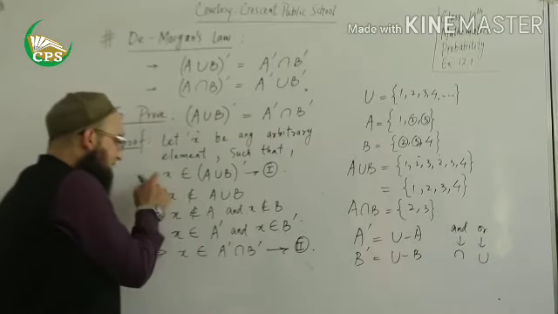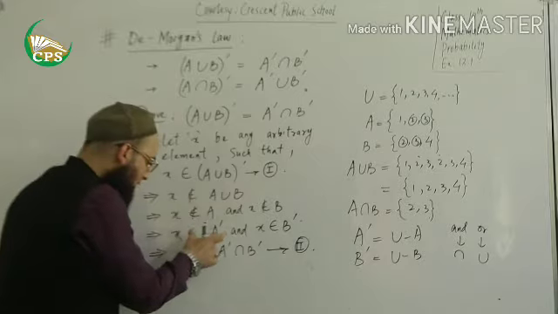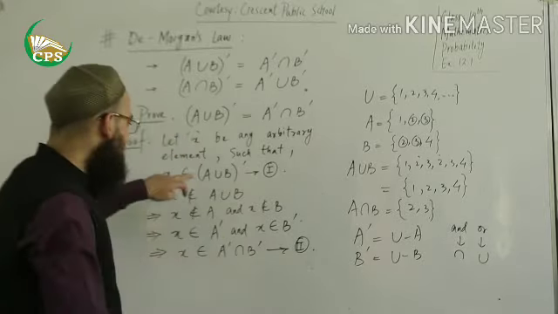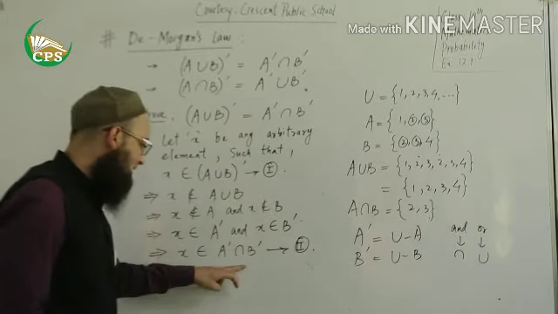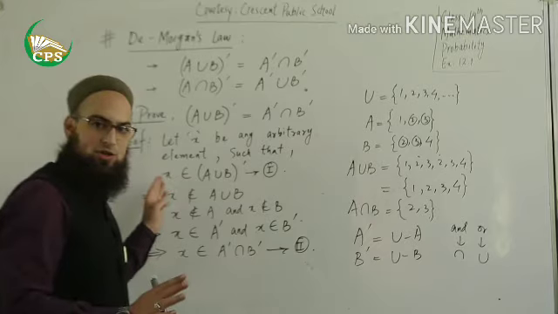Now you started with X. X is an element which is present in (A union B) whole complement. Now after going through this, it is also present in A complement intersection B complement. That means this set is the subset of this set, because if this is true for X, it is true for any element you start with.